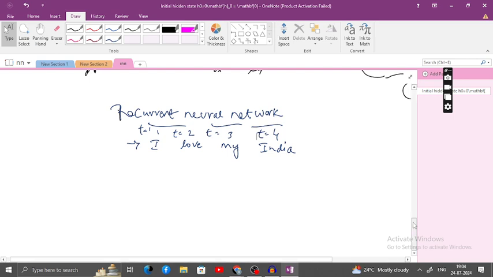So now, if I write the architecture of my neural network, somehow it is going to come like this. Say I write the figure, try to observe.